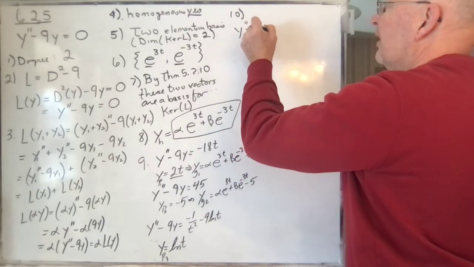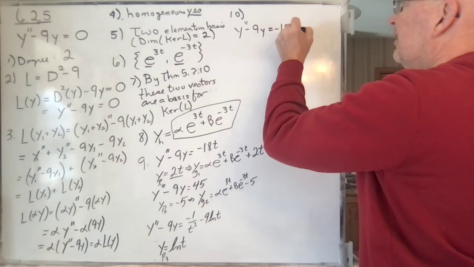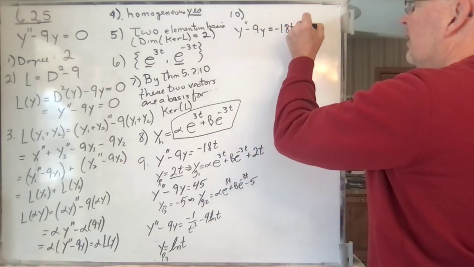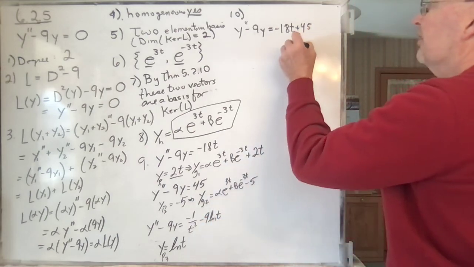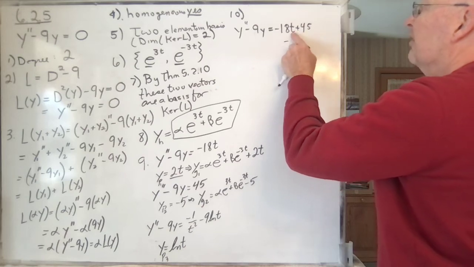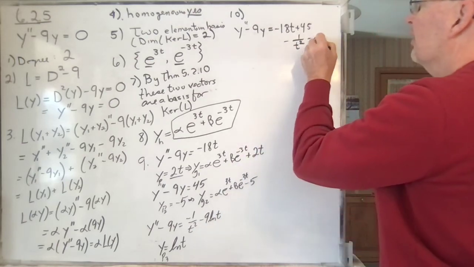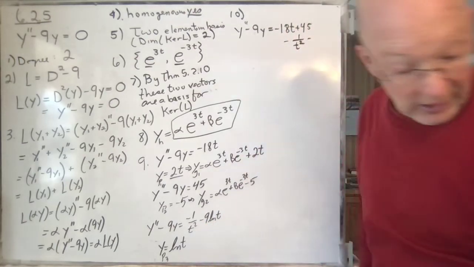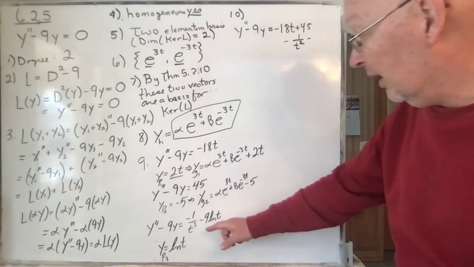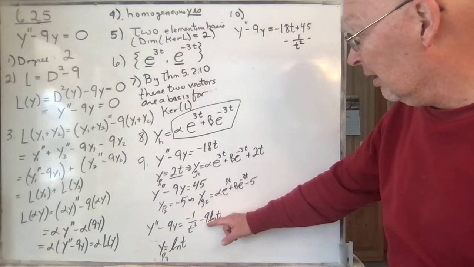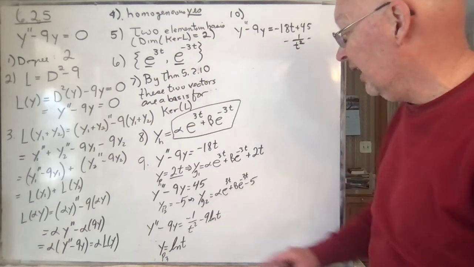y double prime minus 9y is equal to negative 18t plus 45, minus 1 over t squared minus 9 ln of t.